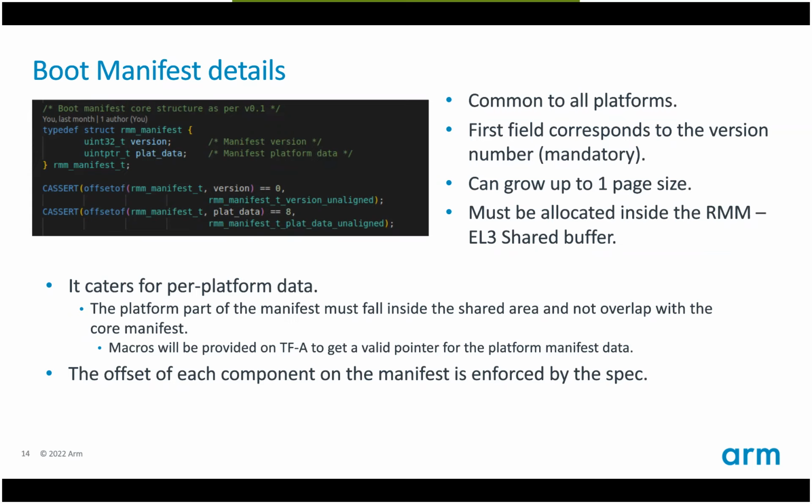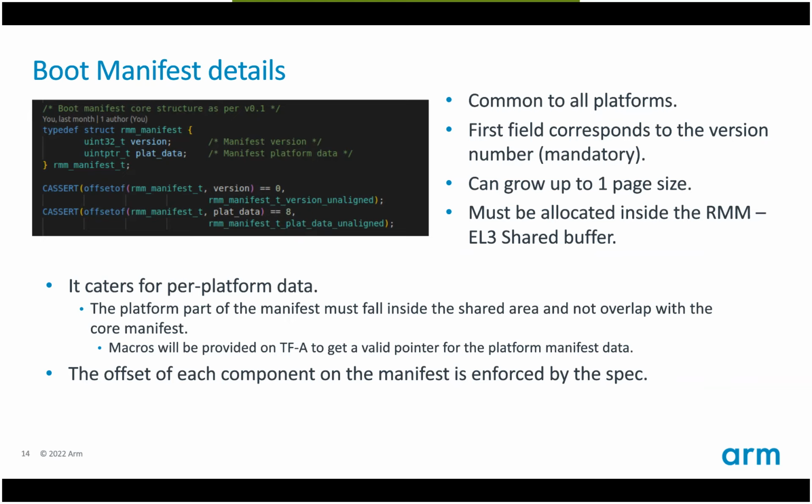It is mandatory that the boot manifest has the first field as the version number. The version number uses the same format as I explained before for the whole RMM-EL3 interface.